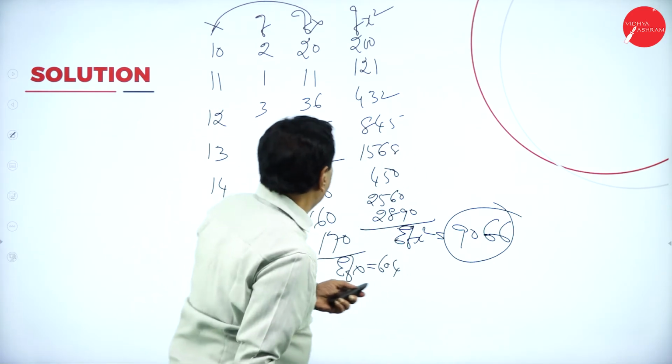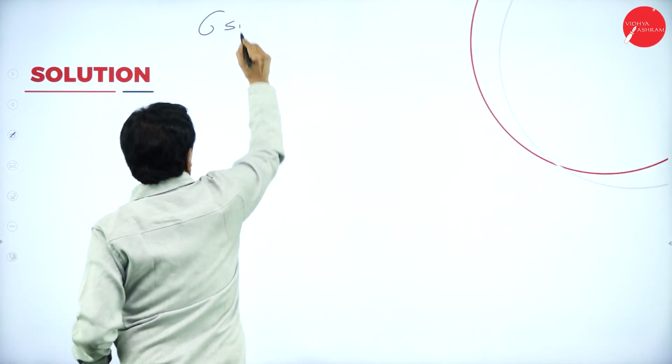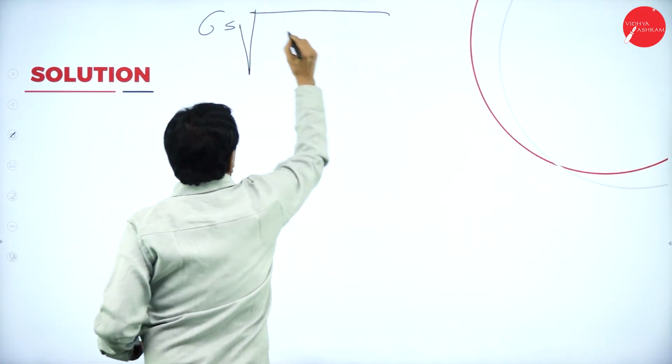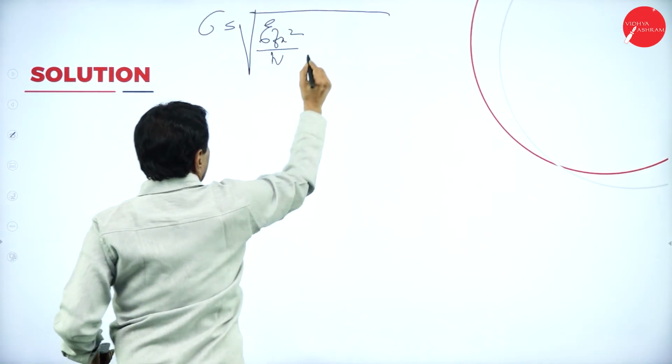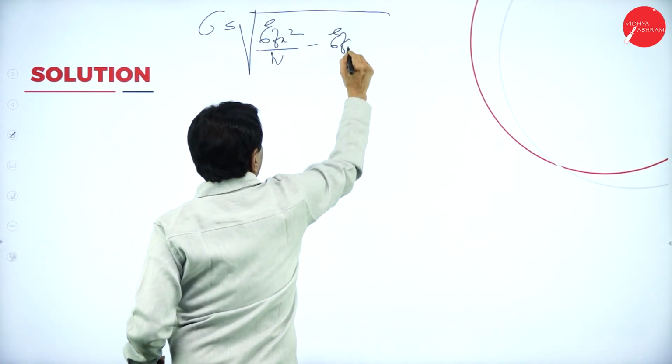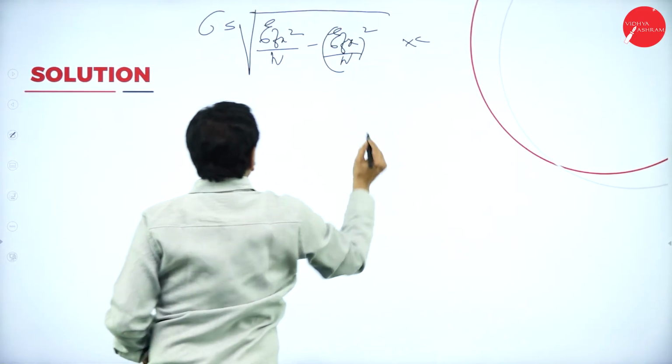We'll apply the formula. Standard deviation is equal to root of sigma fx square divided by n minus sigma fx divided by n whole square into c.